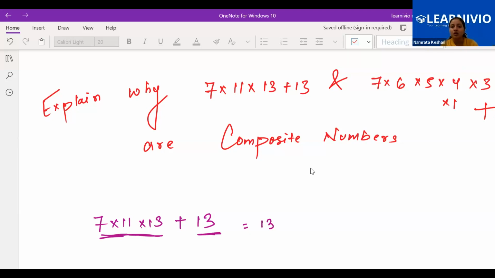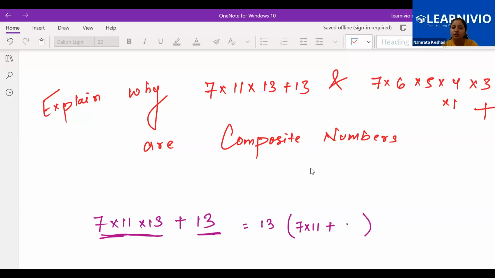Can we take 13 as a common factor? Yes. And if we can take 13 as a common factor, what will be remaining inside the bracket? From the first term, 7 into 11 will be remaining. And from the next one, what will be remaining?